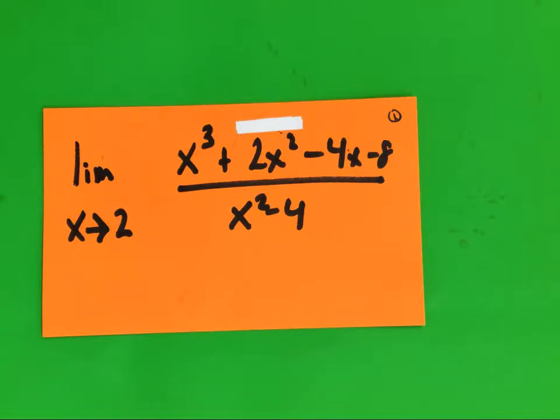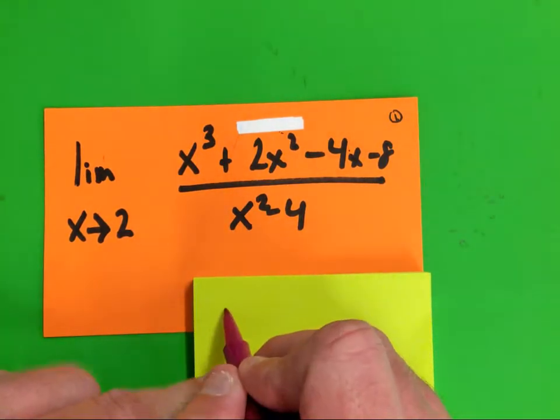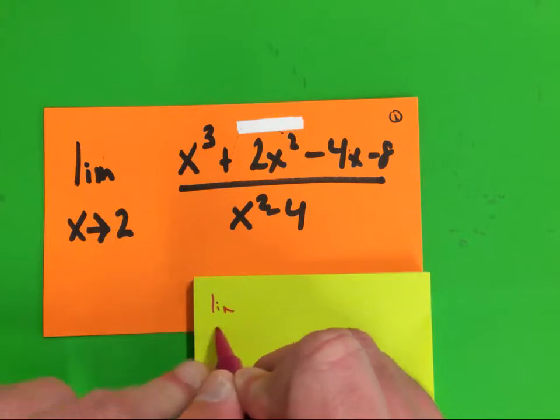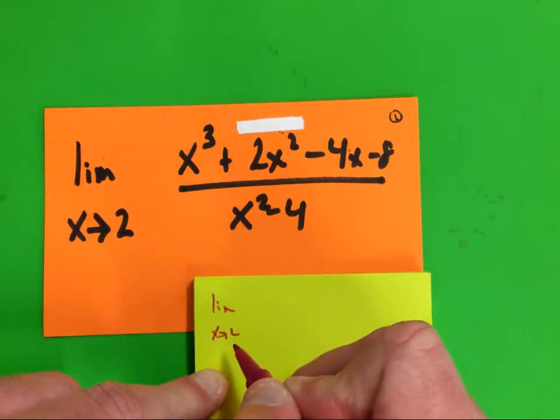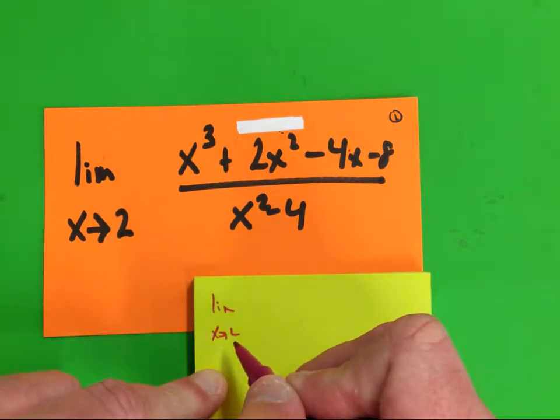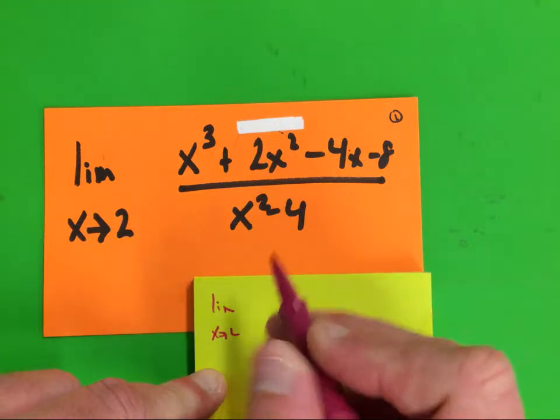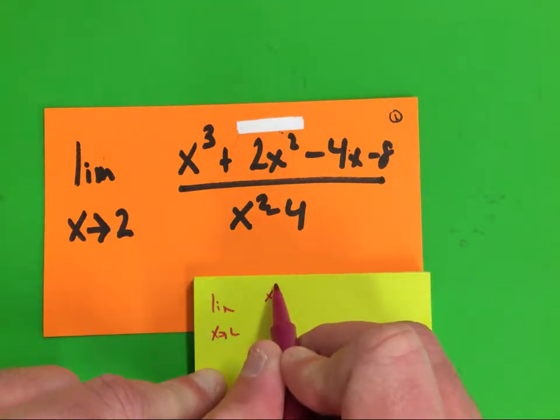So let's do this problem. We're going to do what? Factor. Y'all do it and see what you get. How many terms are there? You're going to do what? Group. Okay.